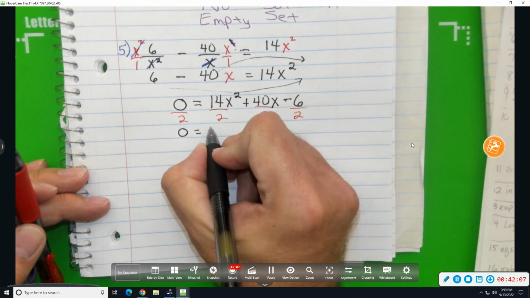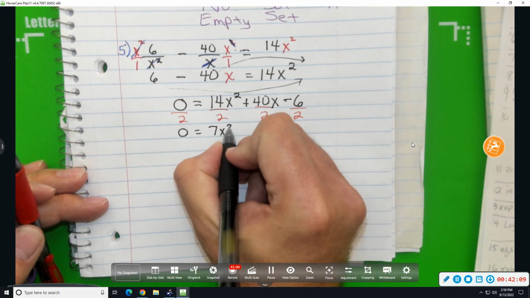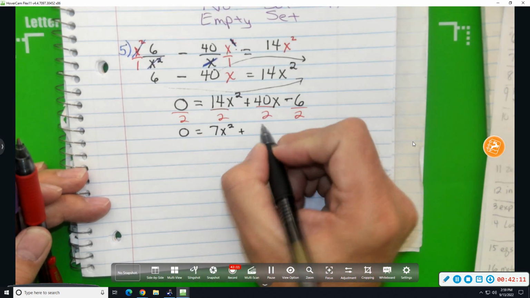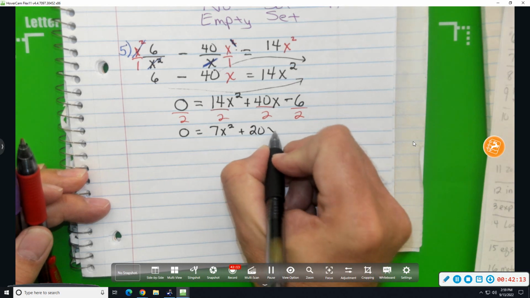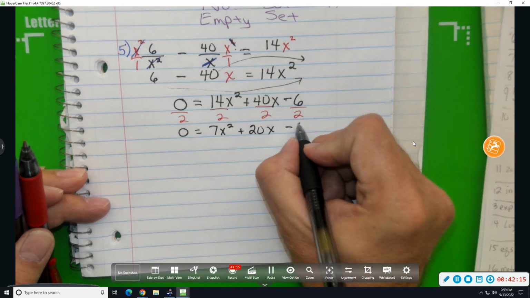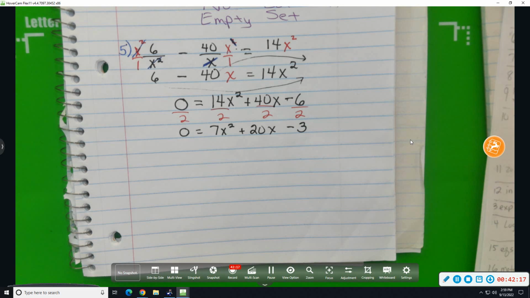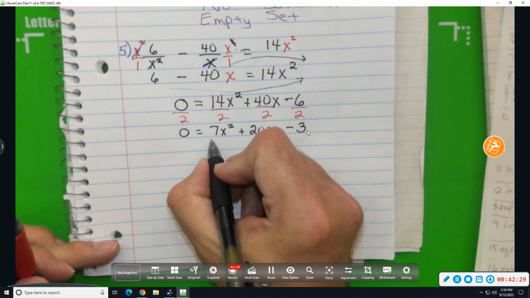So we have a 7x squared. Is that going to be a 20x? And minus 3. I think those are going to be easier numbers to work with when we factor it, because for 7, there's only one pair: 1 times 7. What about 3?